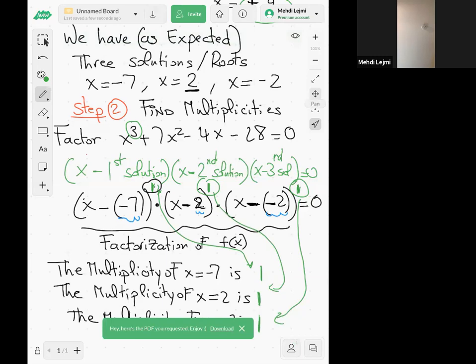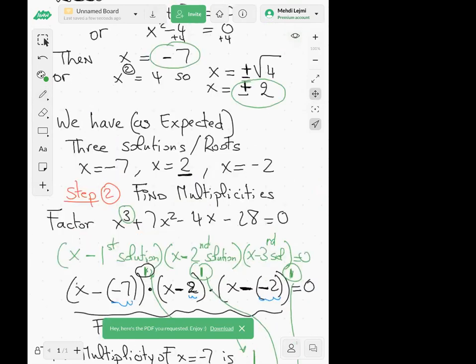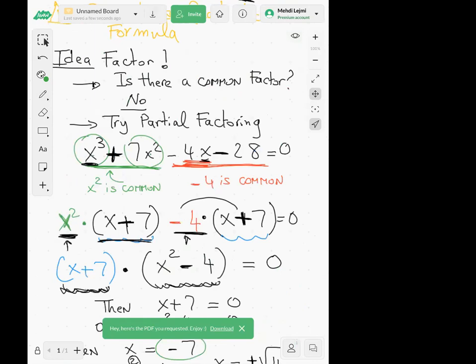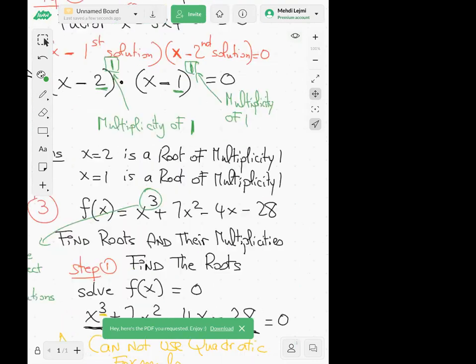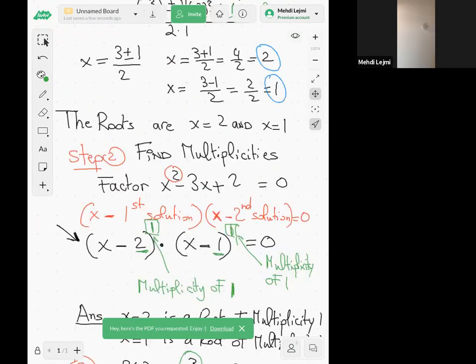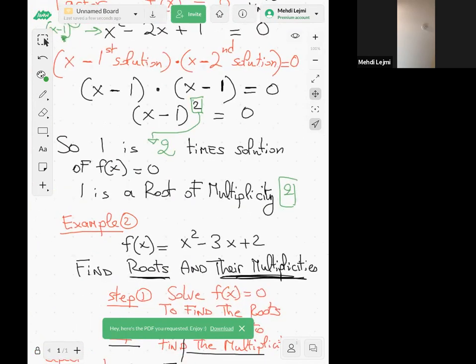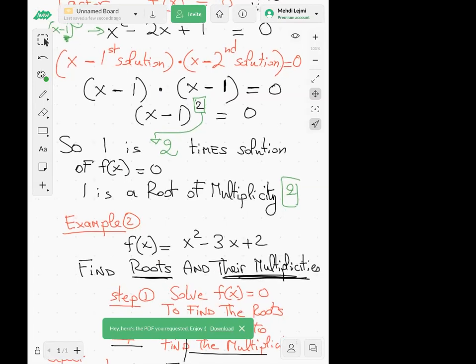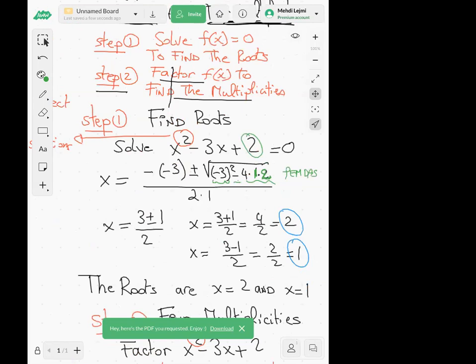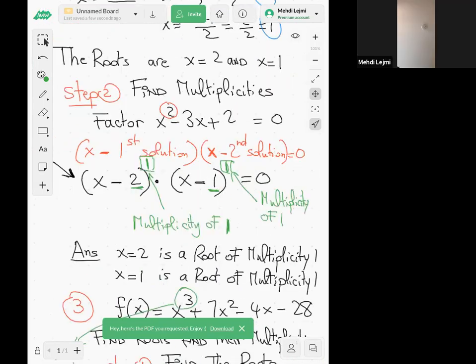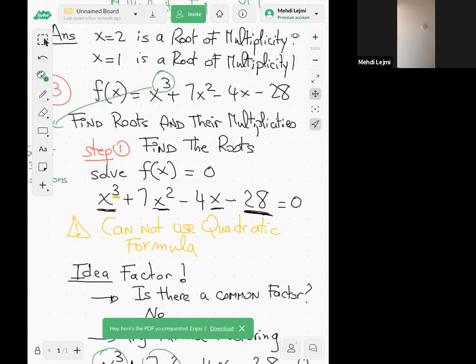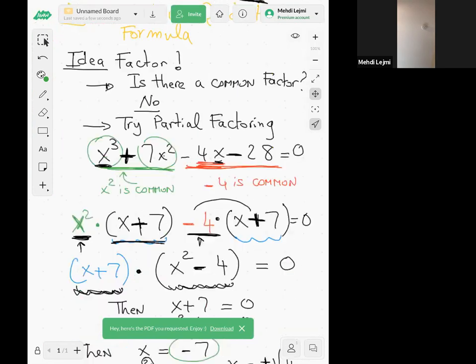But like in the previous example, you see this x minus 1 times x minus 1, so we got x minus 1 squared. We said the multiplicity is 2 because the power is 2 there, right? So if you don't have any power, it means it's power 1. So that's why multiplicity is 1.